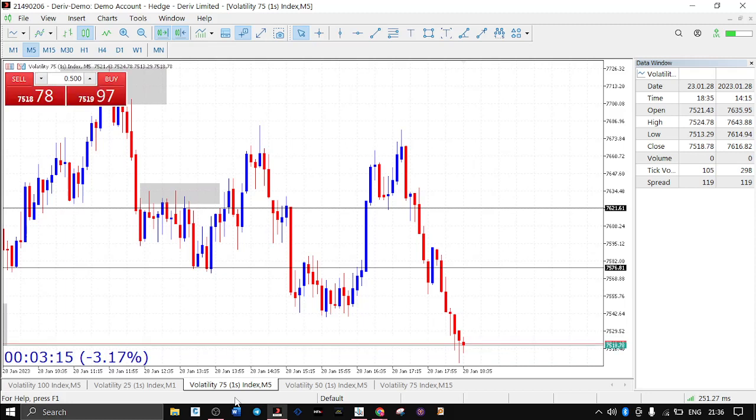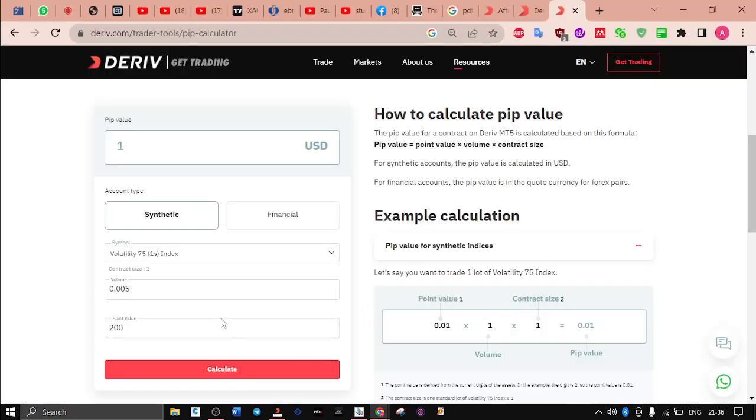Lot size 0.005 times maybe 4,000 points. Let us put here 4,000 points and we see what it gives us. It will give us $20.